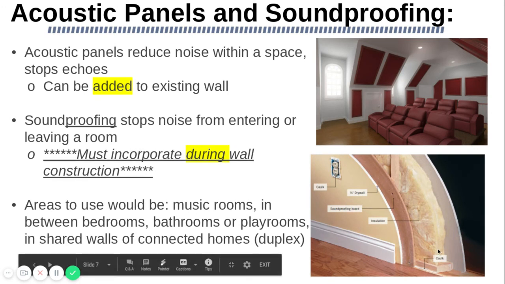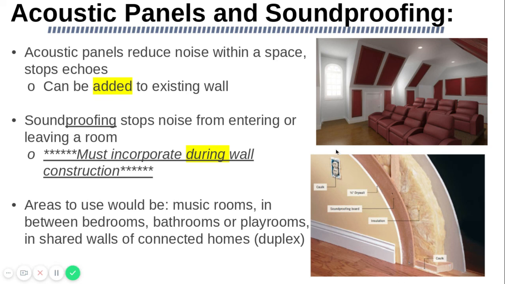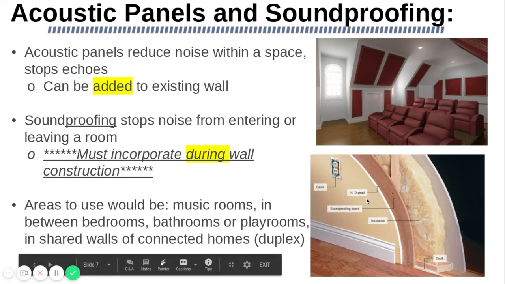Soundproofing you have to do during the construction. So in this picture, you can see they have put a special material, special caulk, special insulation, the special soundproofing board, and a special thick drywall and more caulk. Those are just materials inside of the wall to make it actually soundproof.